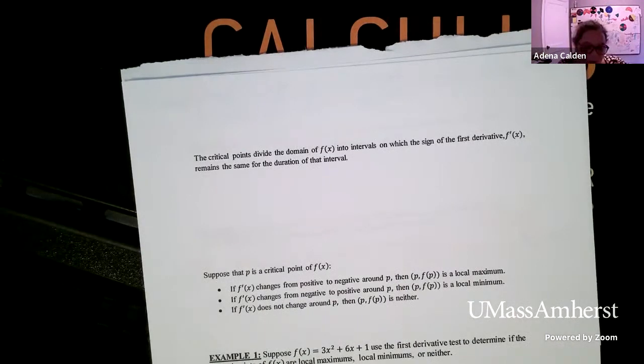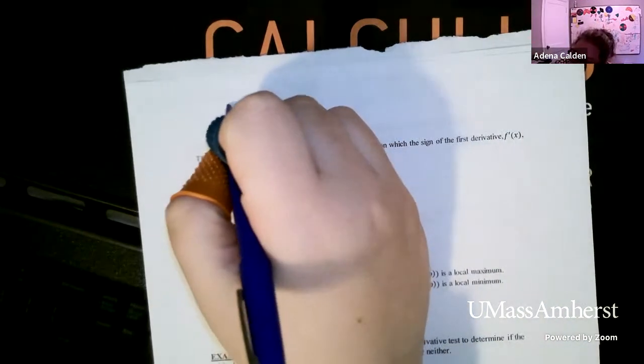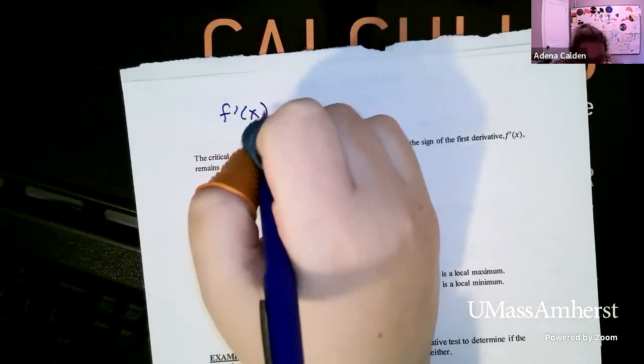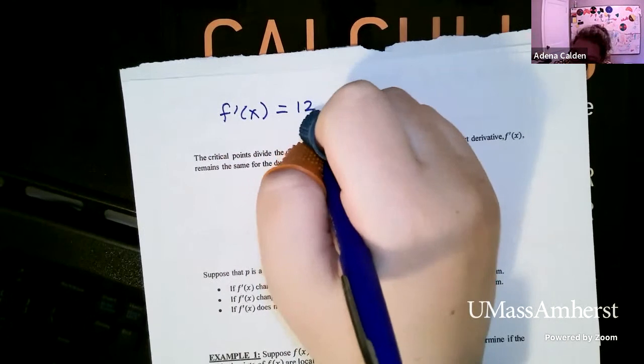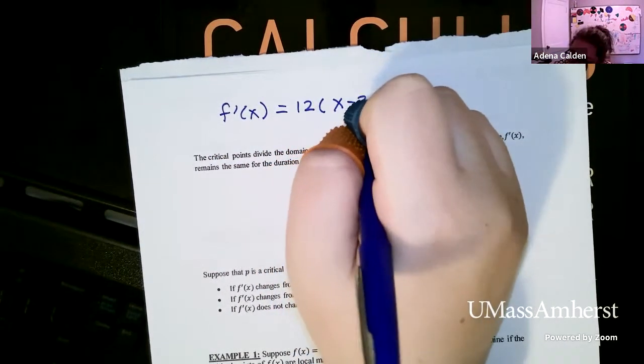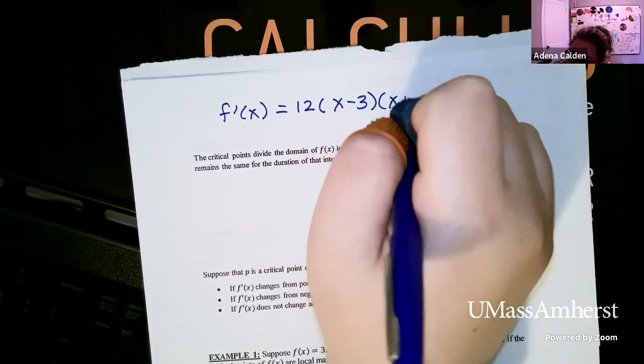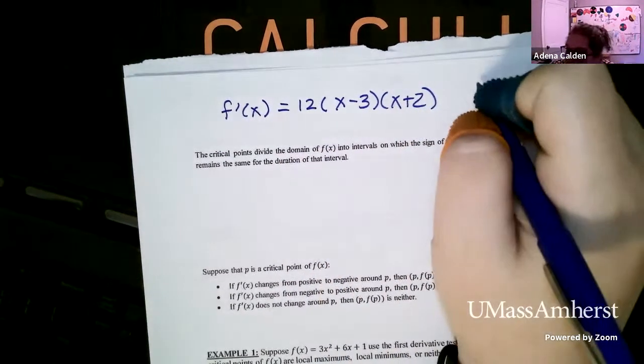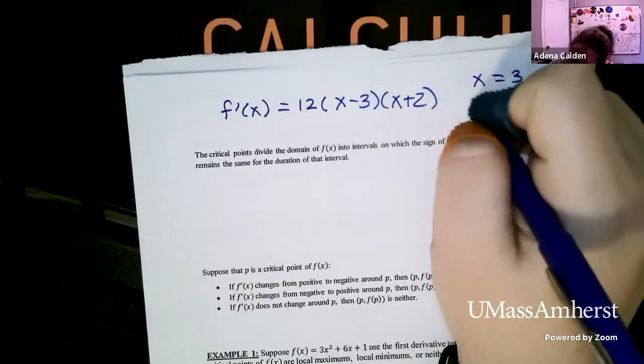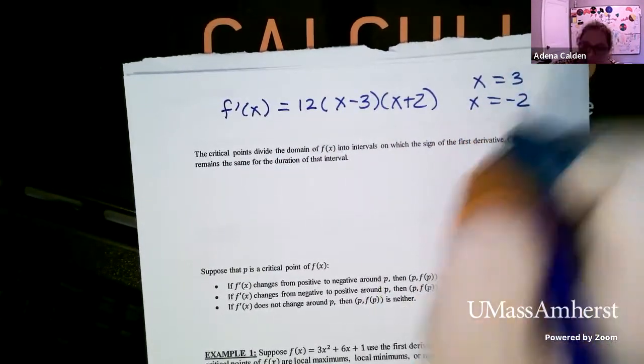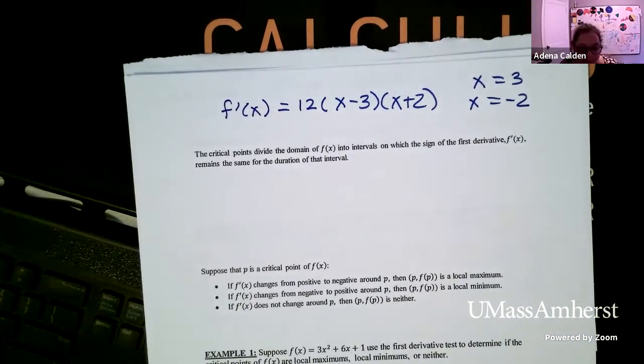So we said that our first derivative factored out, because we're going to use the factored version, was x minus 3, x plus 2, and our critical points were x equals 3 and x equals -2. Okay, I'm just copying that over from the last page.